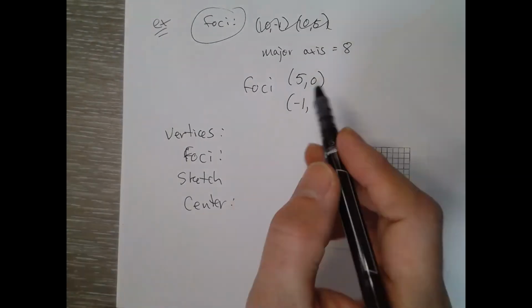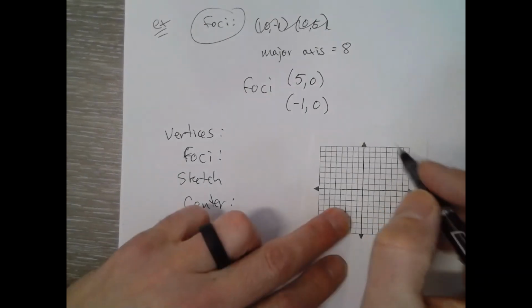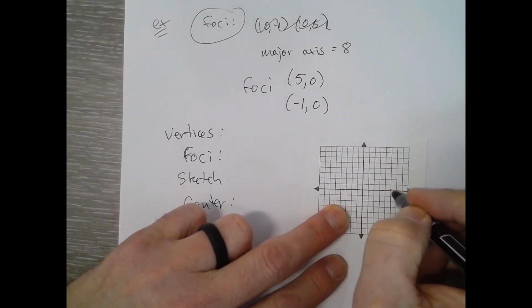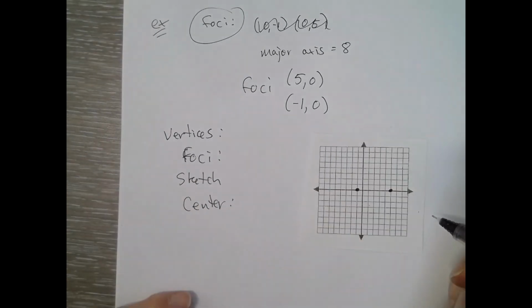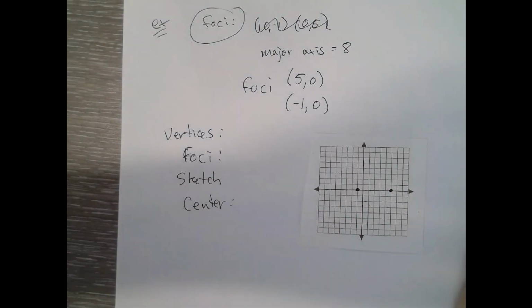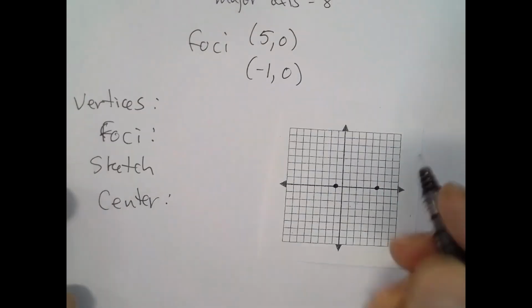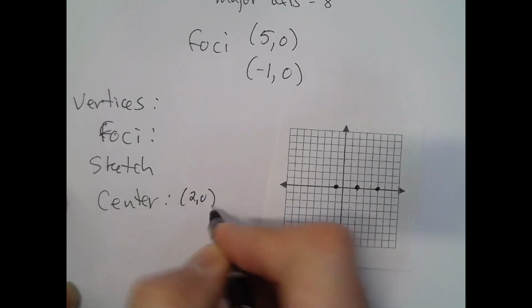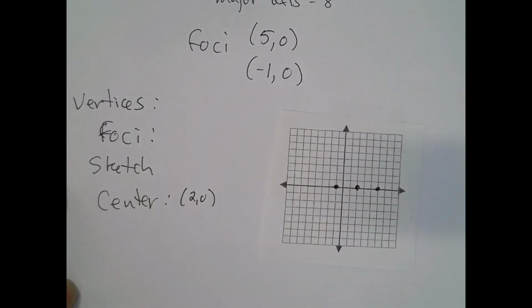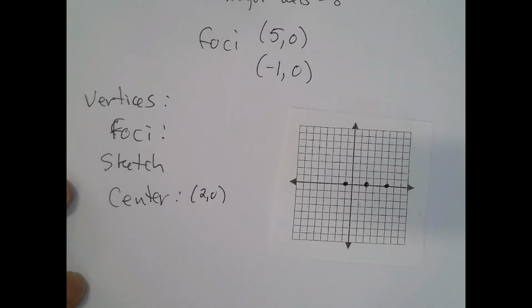We've got foci at 5, 0 and -1, 0. Those are the foci, which puts our center where? Right in the middle, which is 2, 0. So what else do we know? The vertices?